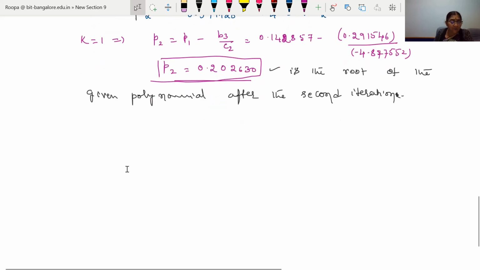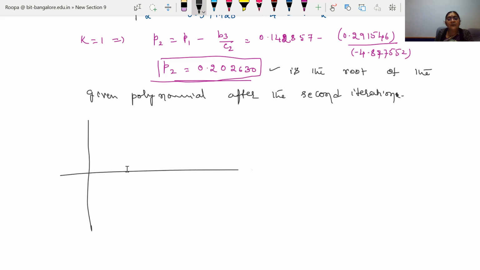And also they are asking to find the deflated polynomial. How to find the deflated polynomial? It is very easy. Again, I have to write the coefficients of the given polynomial: 2, 0, minus 5 and minus 1. Now I have to find the deflated polynomial based on the approximate value after the second iteration, 0.202630.